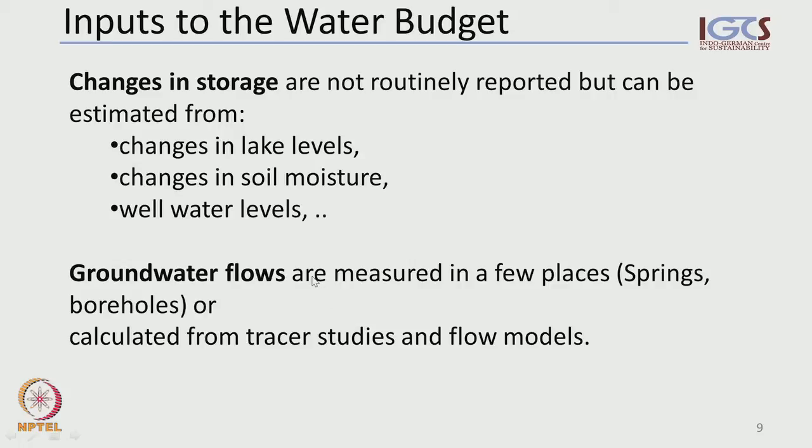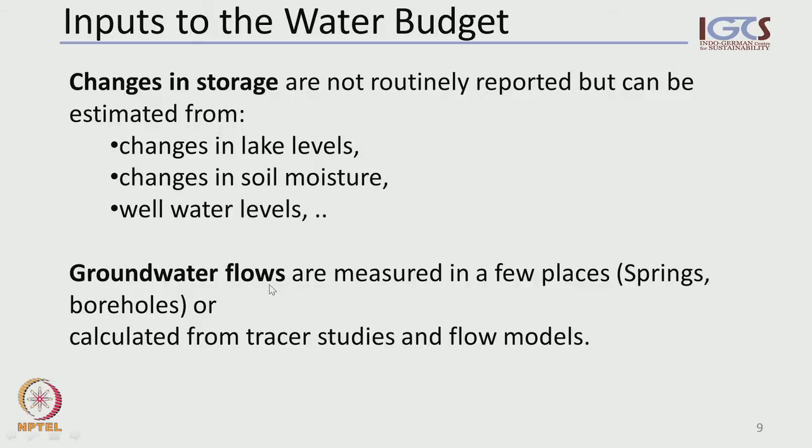And a very important yet other input to our water budgets are groundwater flows, inflows and outflows, and those are equally measured only in very, very few places. In some we can measure it directly, in springs for instance, where we have direct access, a window to our groundwater, or in boreholes, again, it's just a point measurement, whereas we need to relate this to our catchment as an area.